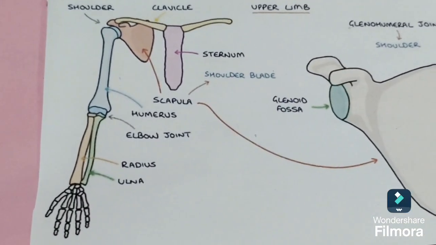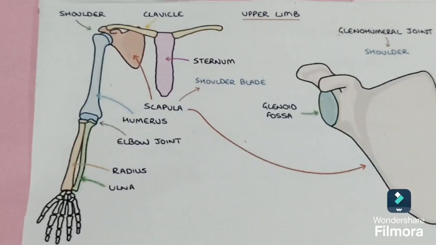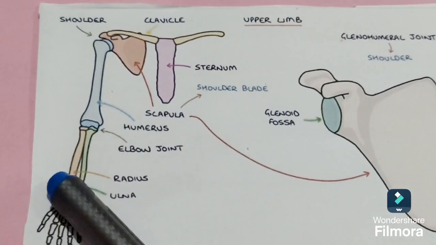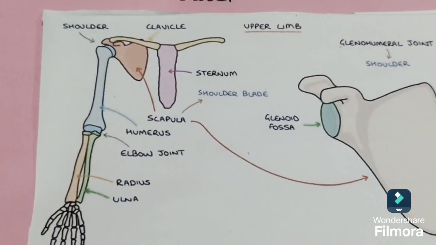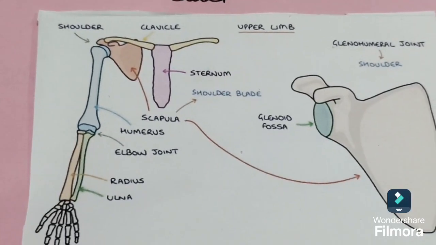If we move further down, the humerus meets the radius and ulna bones at the elbow joint.